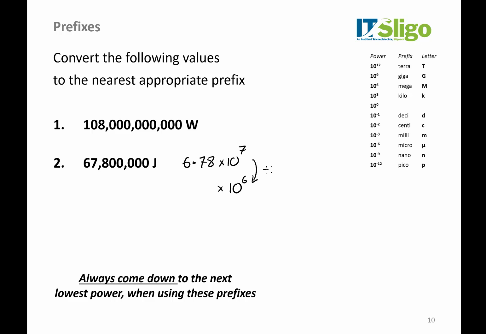So we've divided by 10 on this side, so we multiply this side here by 10. Now, 10 to the power of 6, guys, has the prefix mega. So this value is 67.8 space megajoules. Capital M, capital J. So that's the correct answer for that one.